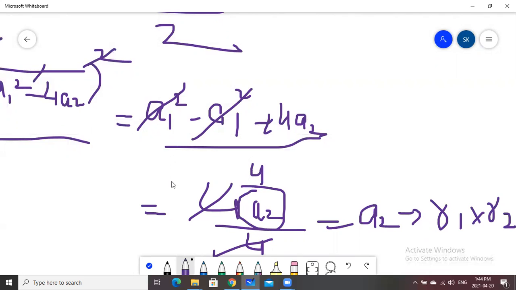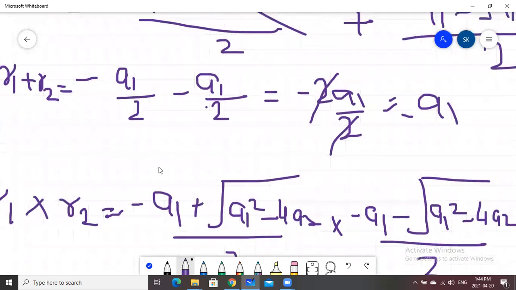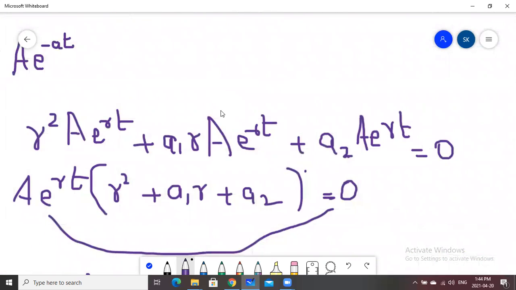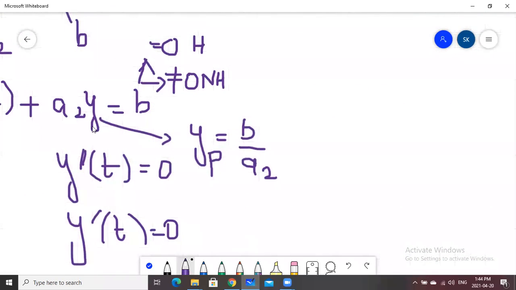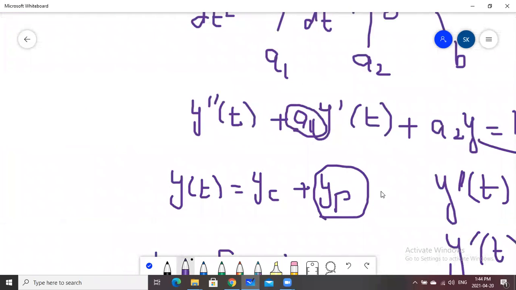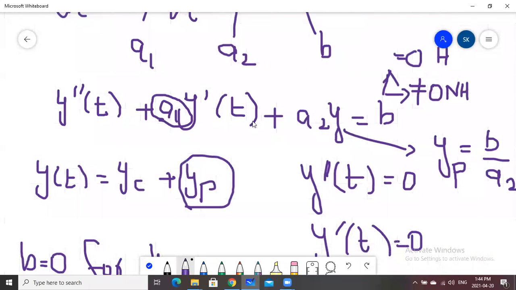So therefore we have completely solved this question, and we have evaluated these values of a1 and a2 through the roots. These roots we have studied in complex functions as well. So we have y double prime of t plus a1 y prime of t plus a2 y is equal to b.